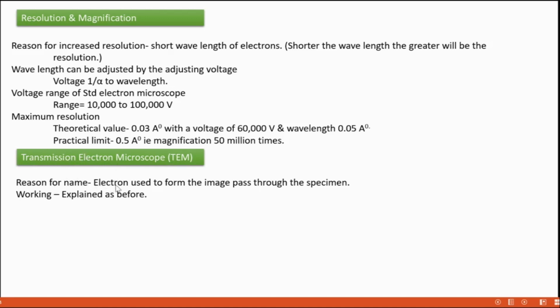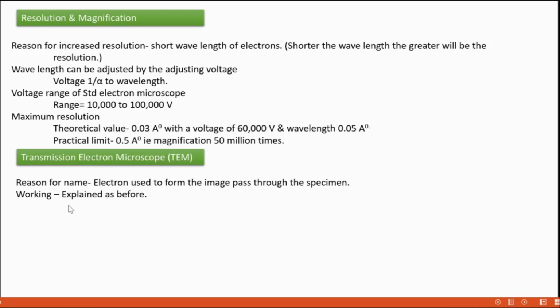The electrons used to form the image here are passing through the specimen, transmitting through the specimen. Because of this reason, this type of electron microscope is called a transmission electron microscope.